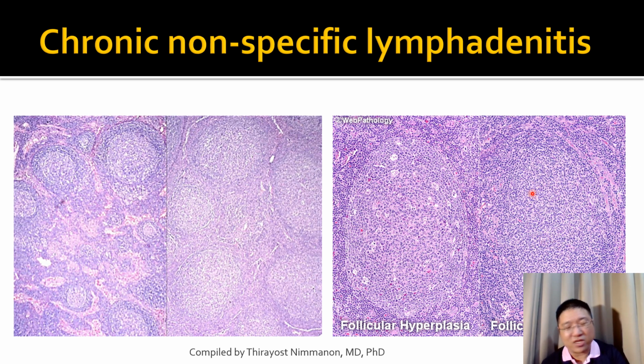The apoptotic process is totally blocked by the increased production of BCL2. And I will mention the pathogenesis of follicular lymphoma again soon.